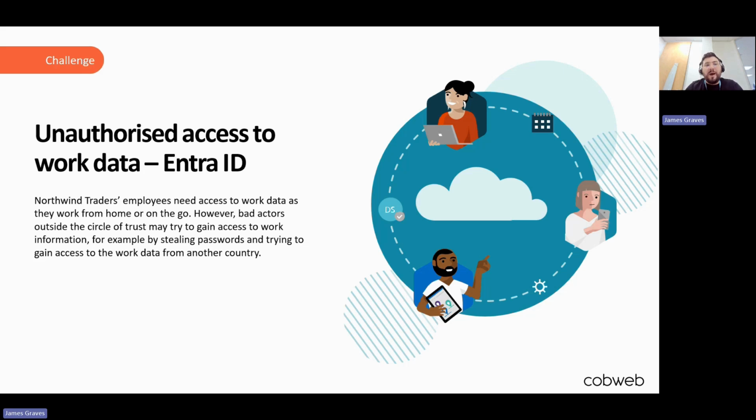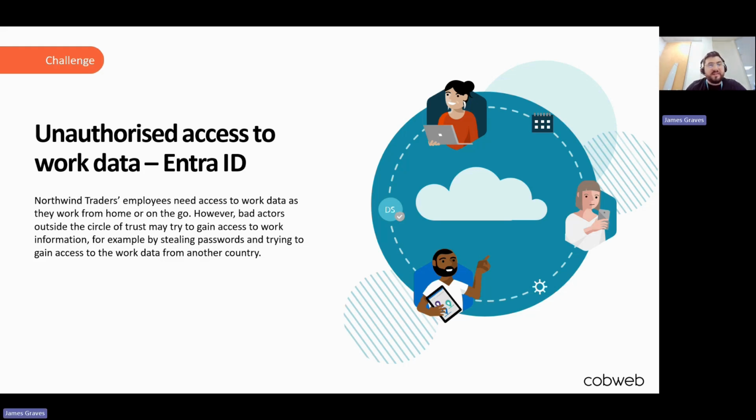Employees need to access work data as they work from home or on the go. However, there's bad actors outside of their circle of trust, that corporate network, which are trying to gain access to the work information. For example, stealing passwords and trying to gain access to work data, potentially from another country outside of the UK, let's say in this instance.